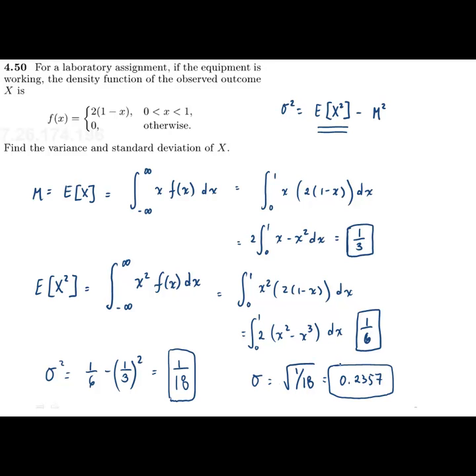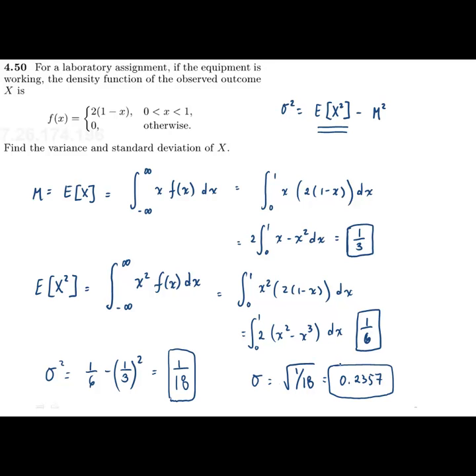Okay, so again, these problems are coming from your homework. I'm just discussing them in order to see if you have questions and also to review the material. So this corresponds to the material for the mathematical expectation and the variance. So here we are finding the variance and the expectation for a continuous random variable. Okay? So you should be clear about how to get the expectation from a continuous random variable.